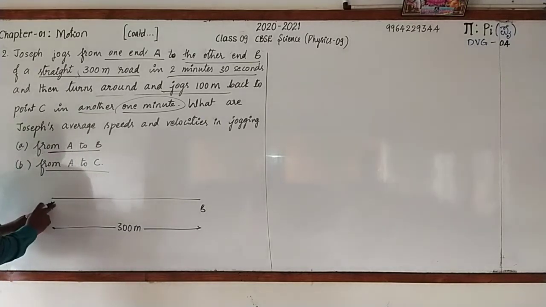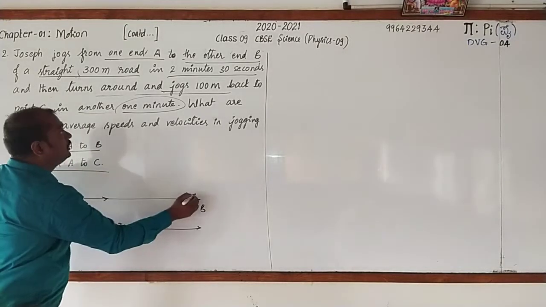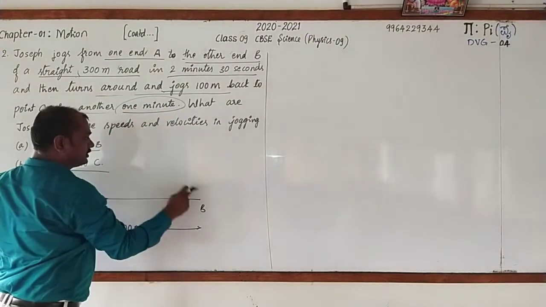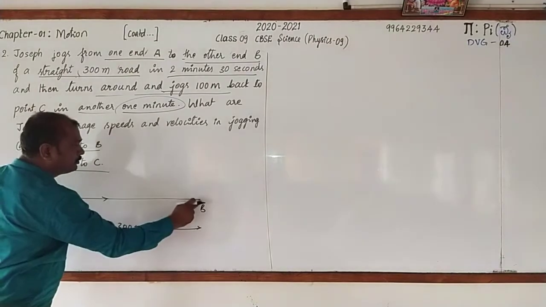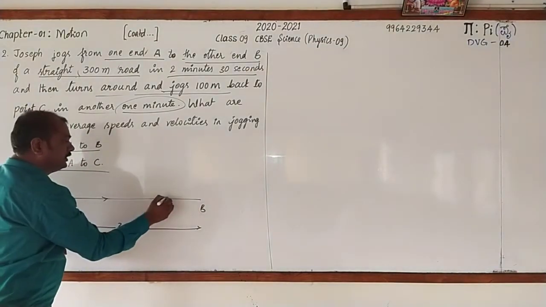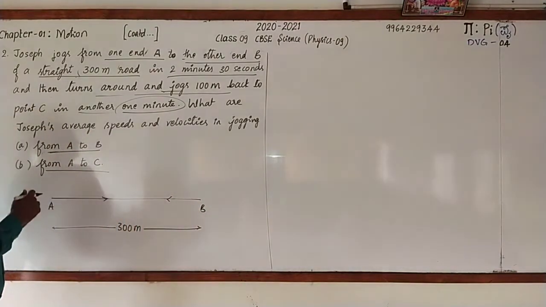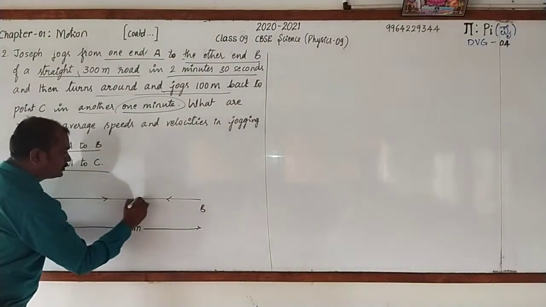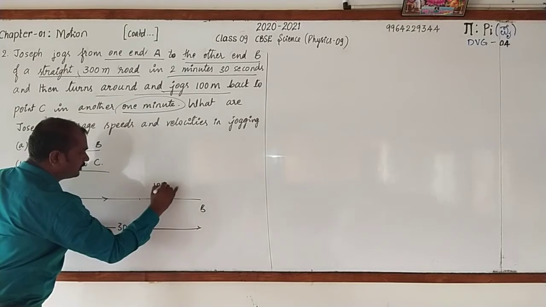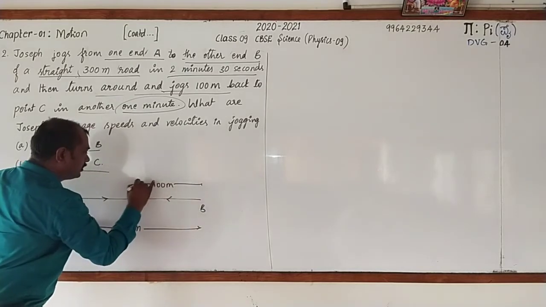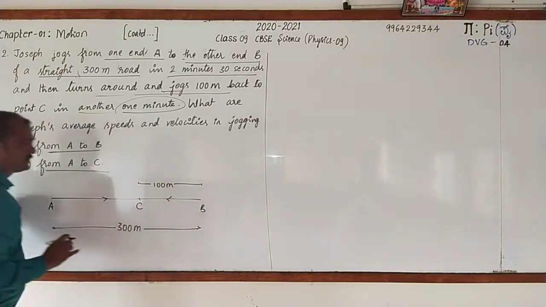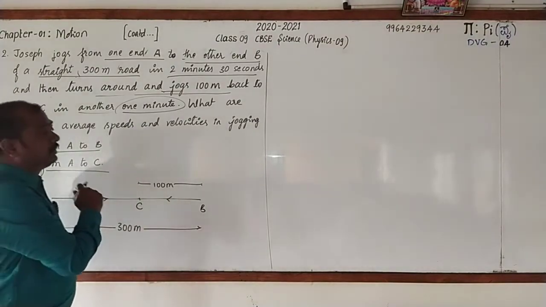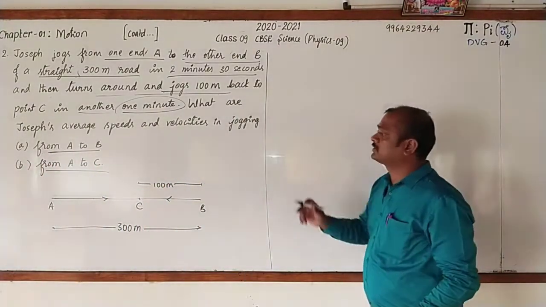Joseph moves from A to B, but how much time does it take? It takes 2 minutes 30 seconds to move from A to B. Then after that, he comes back. That is, he started moving from B to A, but he moves for just 100 meters. And the final position is to be considered as C. Clear?